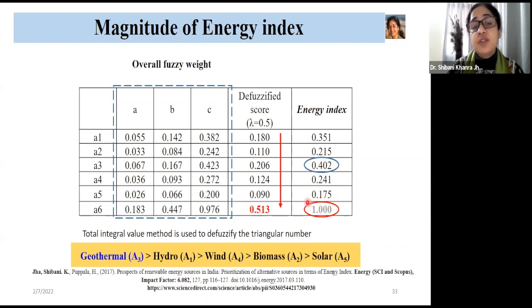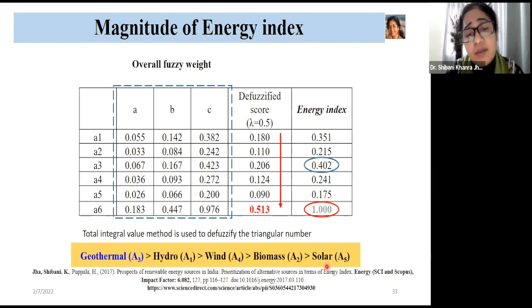And as you can understand, A6 obviously will have the value of 1, and A3 has got the highest value, that is 0.402. A3 is nothing but a geothermal source itself. So the geothermal source achieves the highest energy index, followed by hydro, wind, biomass, and solar.